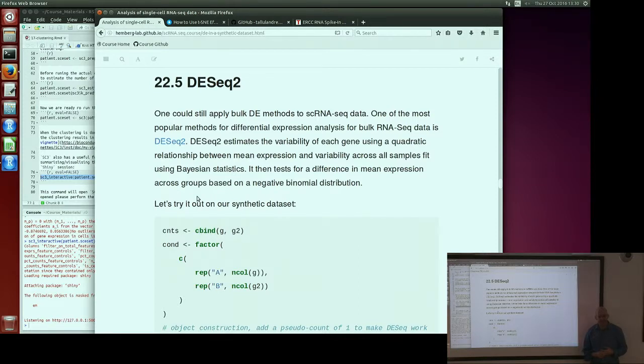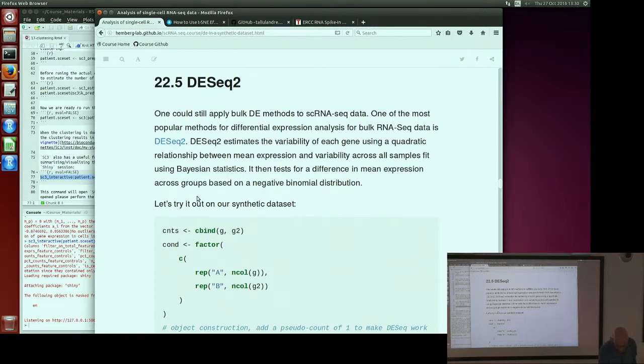Unfortunately, in our experience, it does not do a terrific job on single-cell RNA-seq data, which again is not that surprising because it was not designed for this type of data. We think that what effectively happens is that it tries to estimate the variance, and because of all the zeros in the data, the variance estimator goes bonkers.